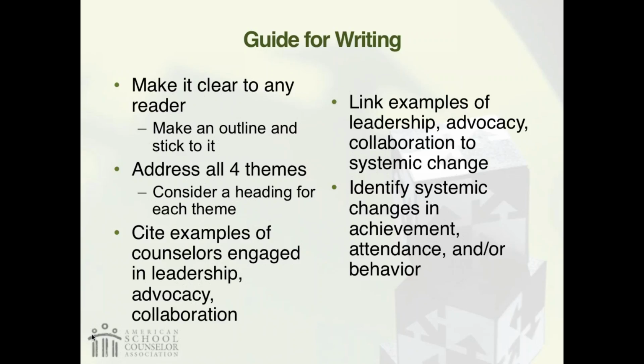What were the benefits for students? I think in the paragraphs, it's critical that you cite examples of leadership and advocacy and collaboration. And then you make the link in the 4th paragraph about how leadership, advocacy, and collaboration changed some system.